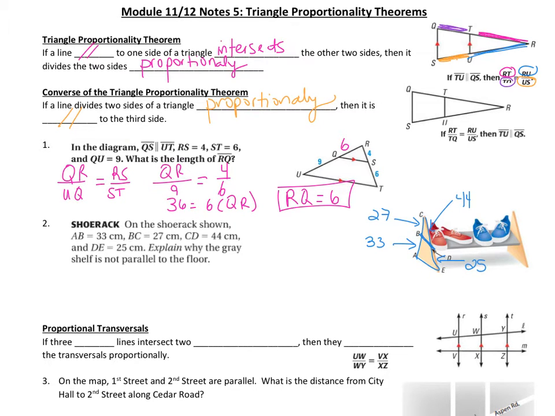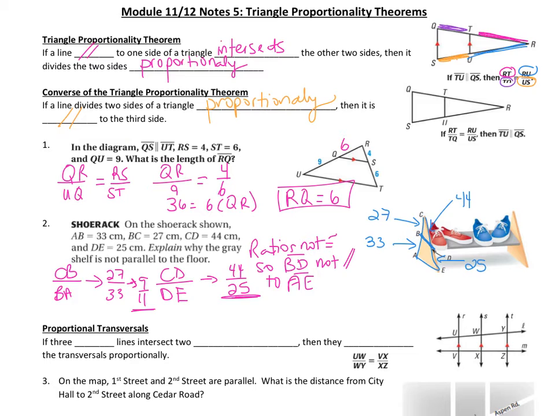So we want to show that the ratios are not the same. So we start off not knowing if they are the same, so 27 over 33, and then CD would be 44 over 25. When we reduce those, this first one can be reduced to 9 over 11, but the second one would be the same. So these are different ratios. Because the ratios are not congruent to each other, we know that BD is not parallel to AE.